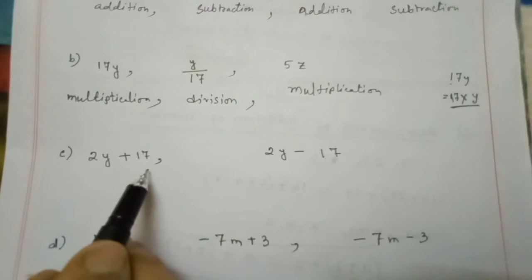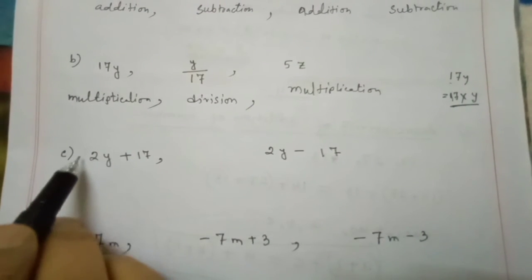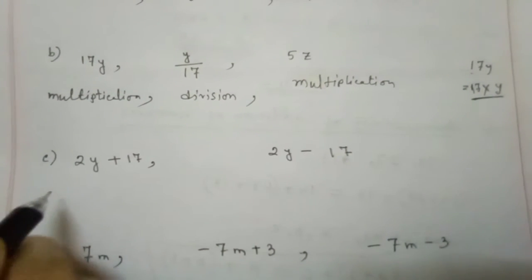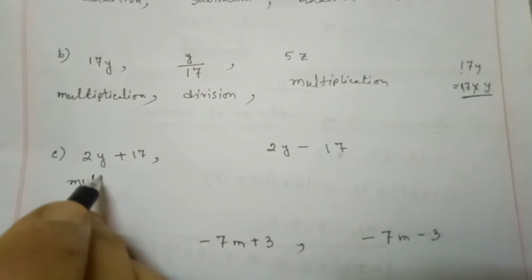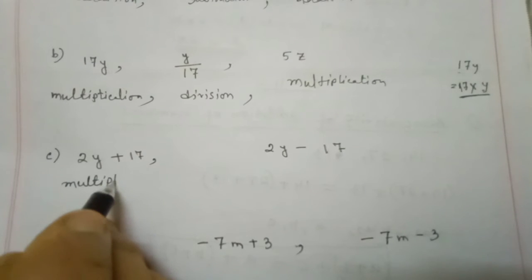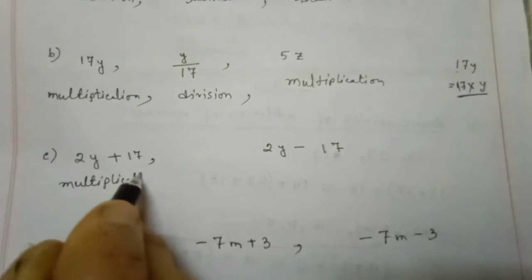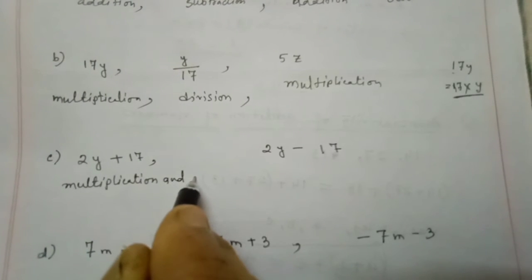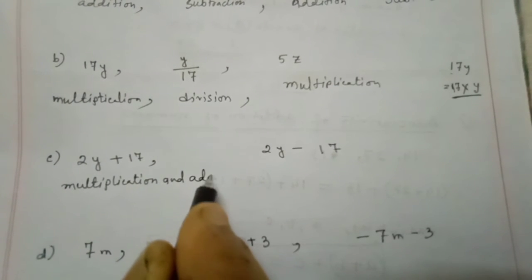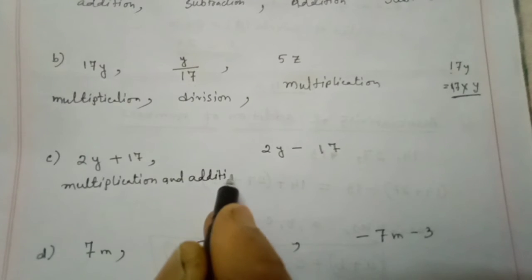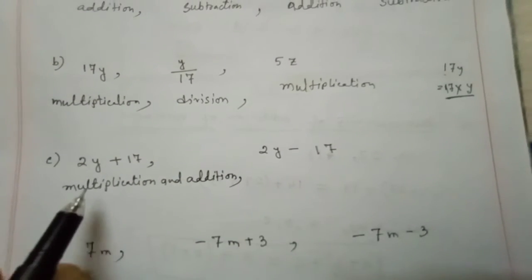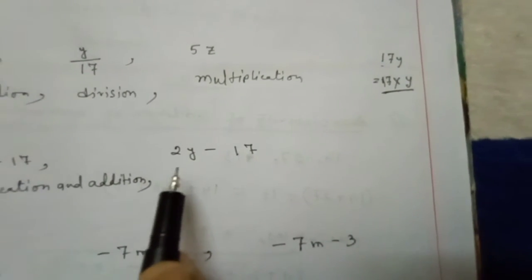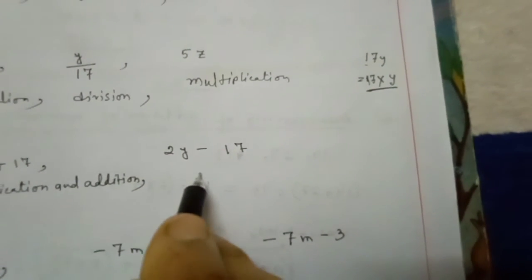Multiplication and addition. In this portion I can see that here is a multiplication and then plus 17. So multiplication and addition. Understood? Here again multiplication and subtraction.